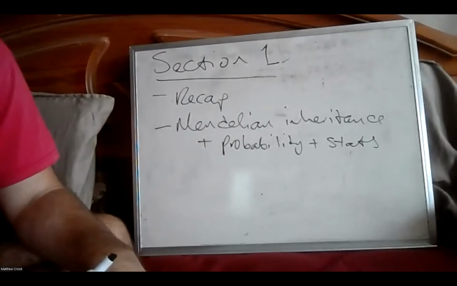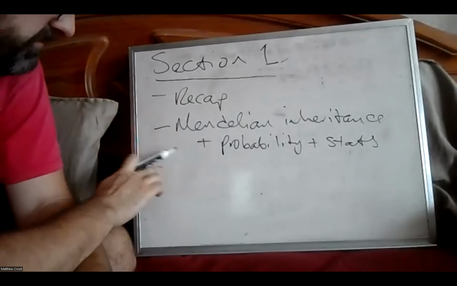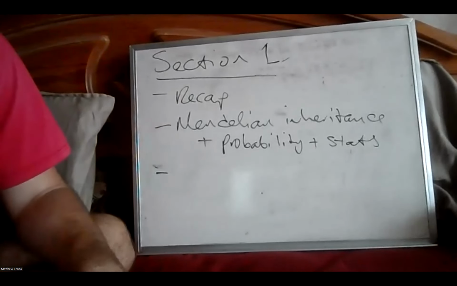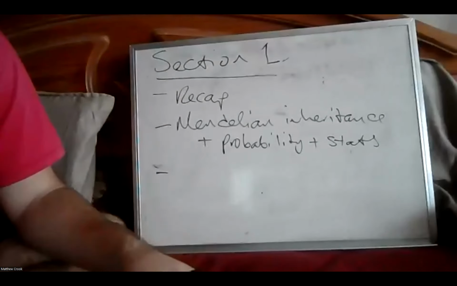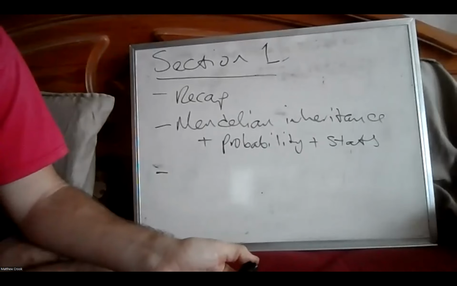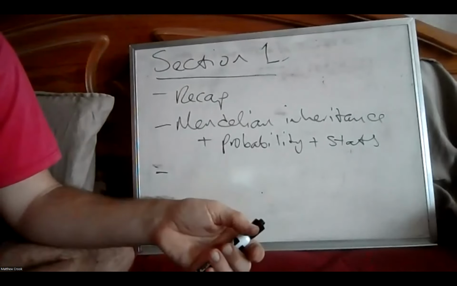We'll be using that later on. To be honest, Mendelian inheritance is kind of fun in the sense that you can use it to work out little logic puzzles. But really, it doesn't capture even a tiny fraction of human genetics.